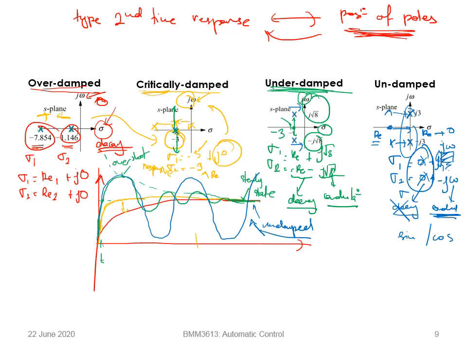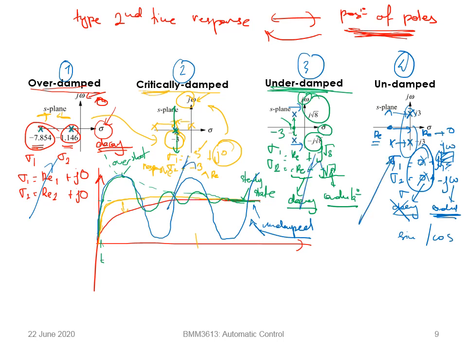So there you go, the four categories of second order time response: the overdamped, critically damped, underdamped, and undamped system, and they all depend on the position of the poles.